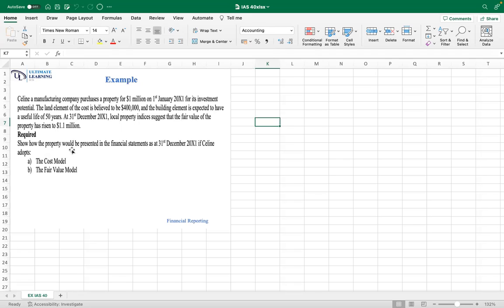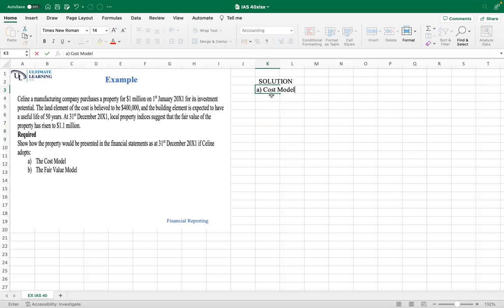Required, show how the property would be presented in the financial statements as at 31st December 20X1 if Selling adopts the cost model or the fair value model. So in our solution, remember, in subsequent recognition, we can either use the cost model or the fair value model. So let's start with the cost model.